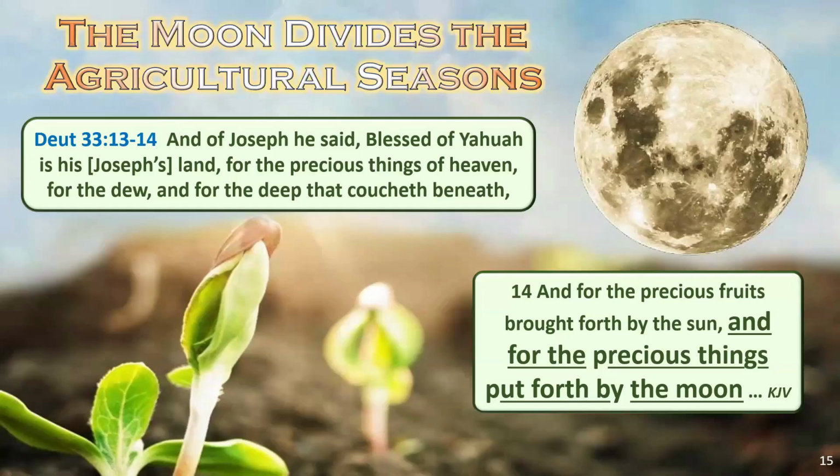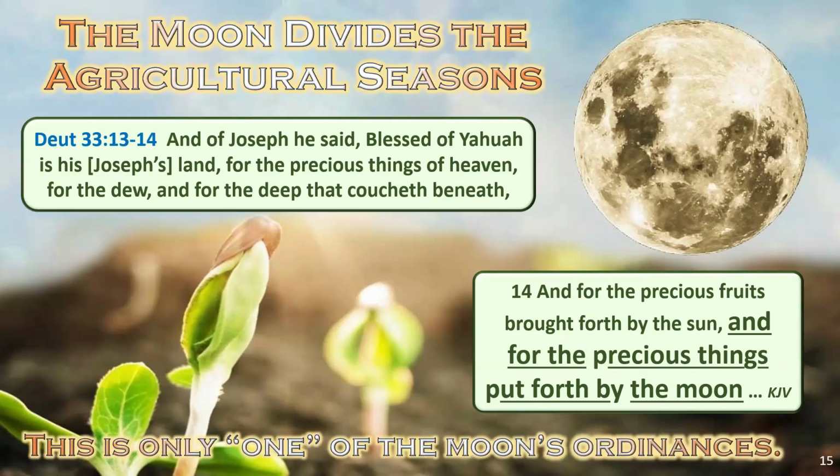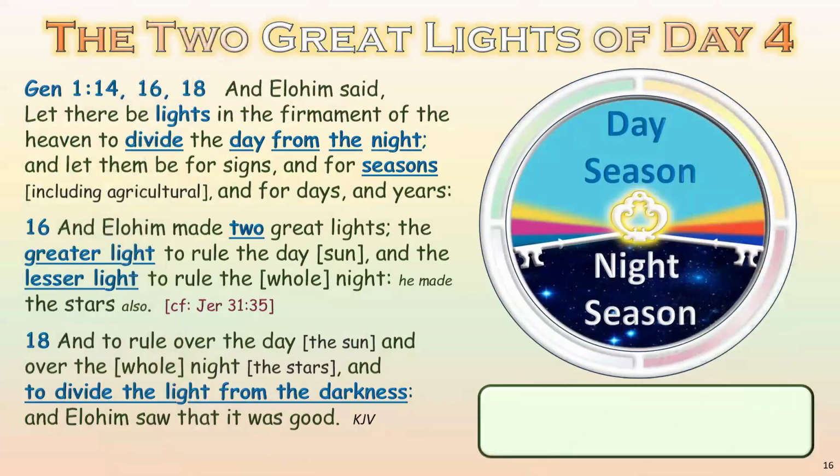Verse 14, also for the precious fruits brought forth by the sun, and for the precious things put forth by the moon. What are these things put forth by the moon? It's the precious fruits that came about with its governing the agricultural seasons along with the sun. This is only one of the moon's ordinances. There are many of them. We're just talking about one right now.